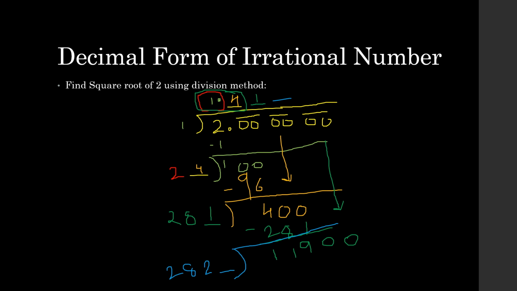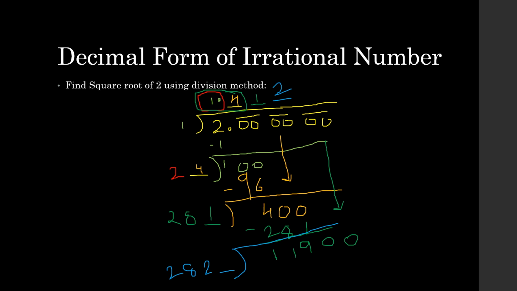So 282 ones is 282, which is not near to 11900. Let's take the next number 2822, and here also we'll take 2. If you multiply it with 2, you will get 4, 4, 2 8s are 16, 1 carry 5, which is 5644, which is not near to the 11900 we want. So we cannot take 2 here.